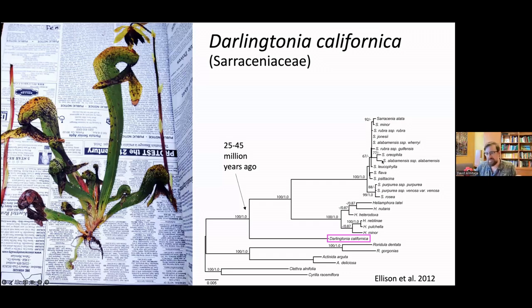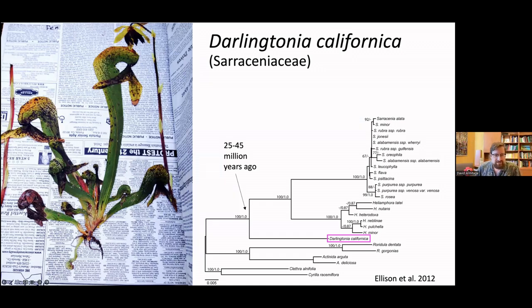One thing that might strike you already is that Darlingtonia is also a North American pitcher plant, but it's actually an outgroup, and Heliamphora and Sarracenia are more closely related to one another, despite their large geographic separation.